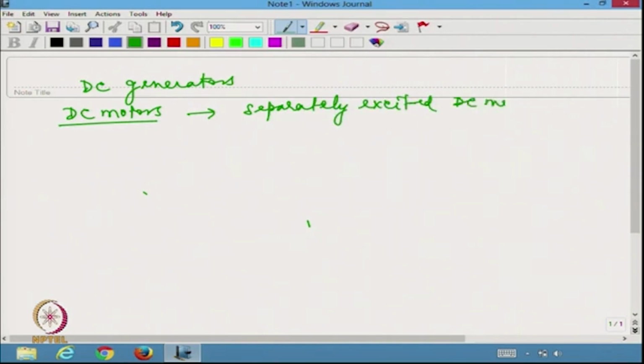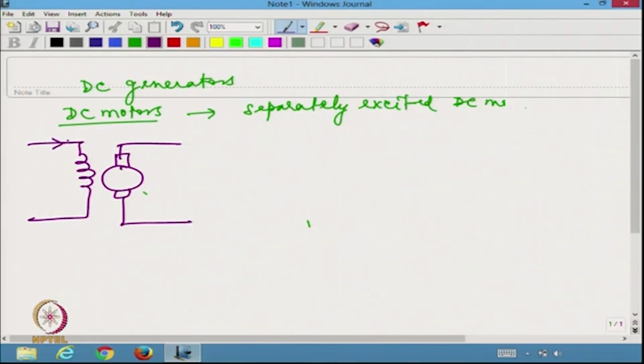Although we said the magnet or the electromagnet will be separately excited, we may show it somewhat like this. This is my armature and this is the field, and the field is being separately excited. So this is IF, whereas this is going to be IA, which is flowing from my armature supply.